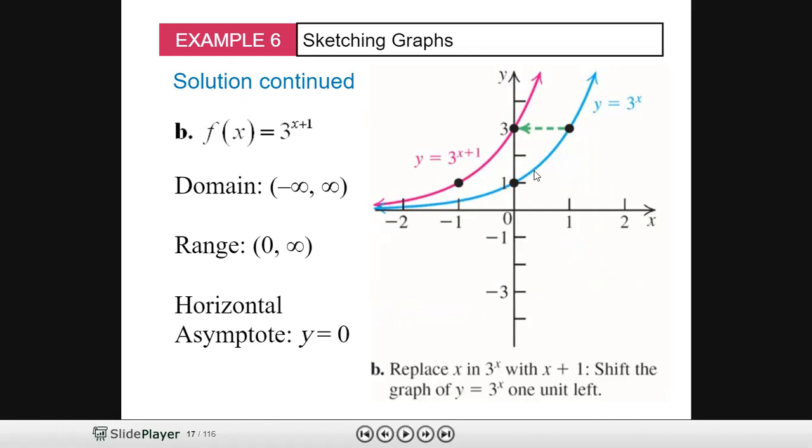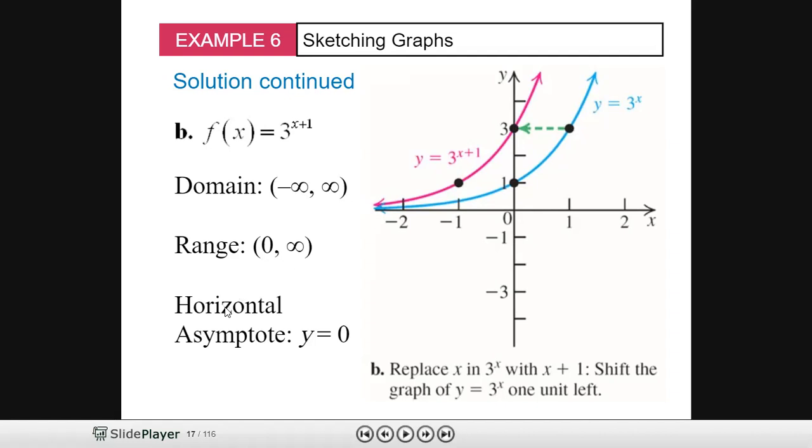So x was here, and you are moving it in the upward direction, that is x plus 1. So y will become 3^(x+1). So this is the curve moving upward. Domain is as usual minus infinity to plus infinity. Range is 0 to infinity.